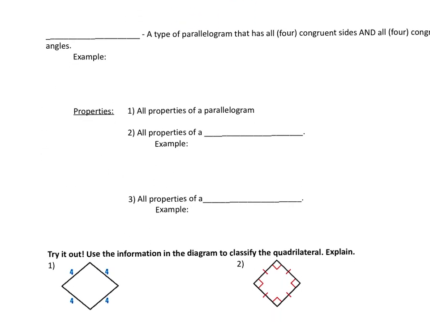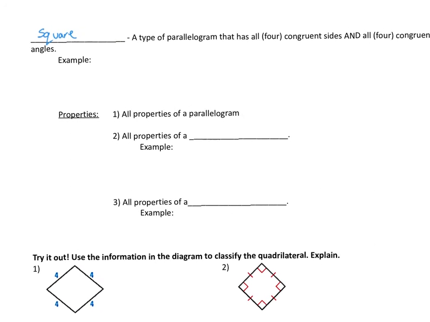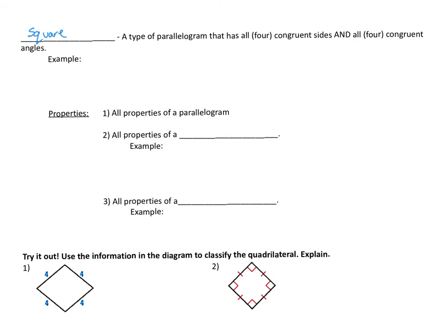A square is a type of parallelogram that has all four congruent sides and all four congruent angles. So the sides are congruent and the angles are congruent.